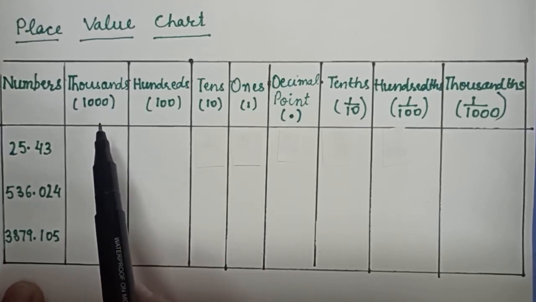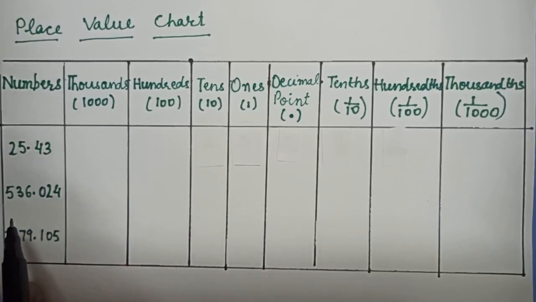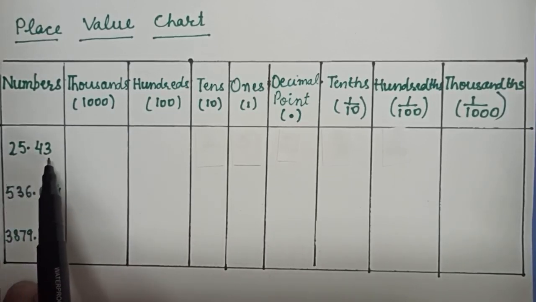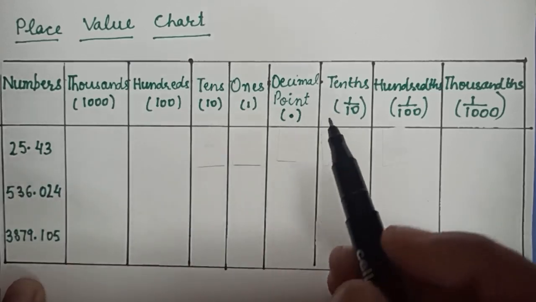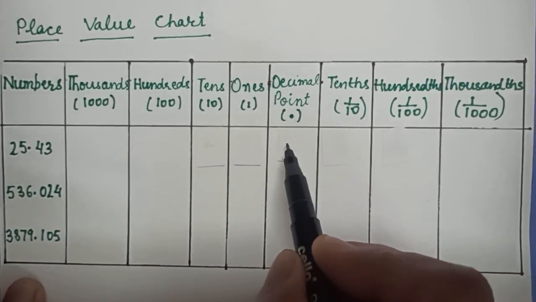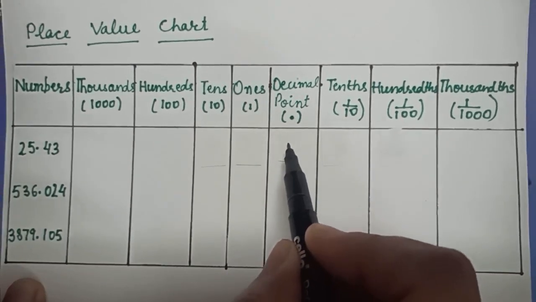So let us understand this with the help of an example. Now let us take the example 25.43. Here we will first find the decimal place. The decimal point is here after 25. So I will write decimal below decimal.